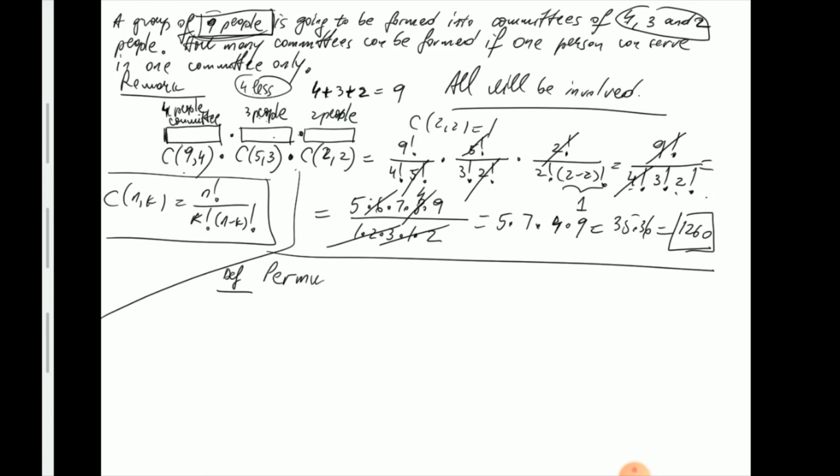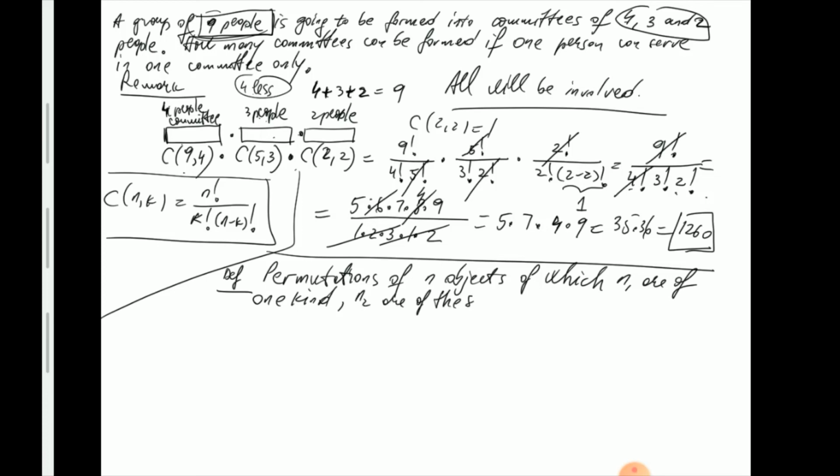So the permutation of n objects of which n1 are of one kind, that'll be basically one committee in the example, and n2 are of the second kind, dot dot dot, n sub k are of the kth kind, so a different kind, with the property that the summation of these is always n.